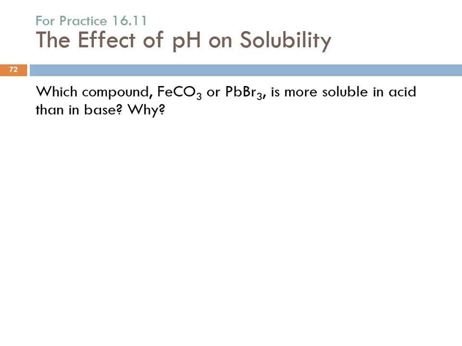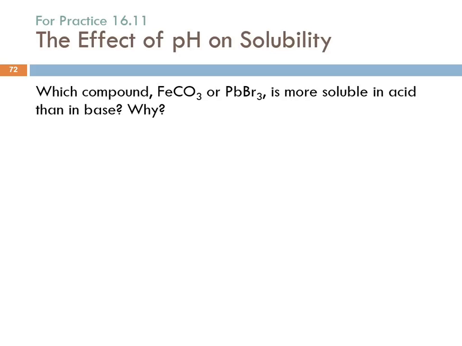Which compound, iron carbonate or lead bromide, lead-3 bromide, is more soluble in acid than in base? I think there's a typo in there, but I don't think it really matters. And why? So, more soluble in acid.